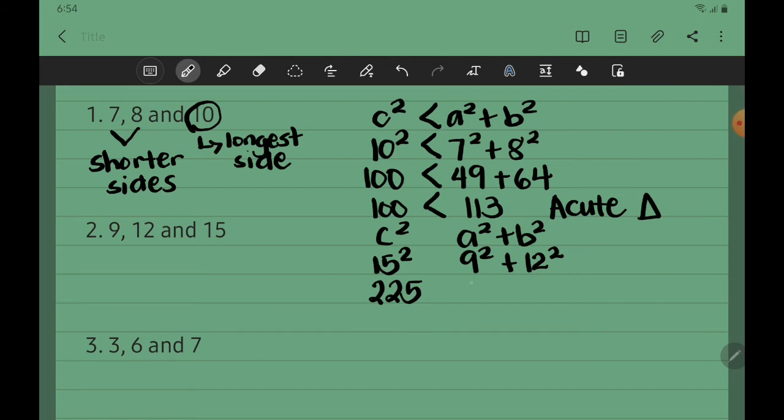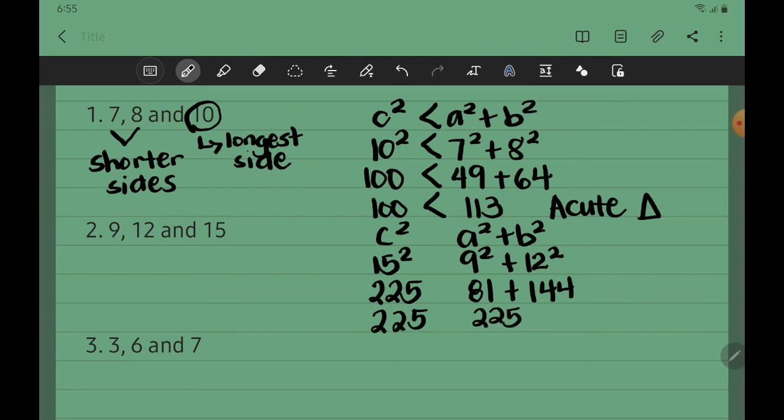And then 9 squared, that is 81. Plus 12 squared, that is 144. And then let us add up 81 and 144. So 81 plus 144, that is 225.